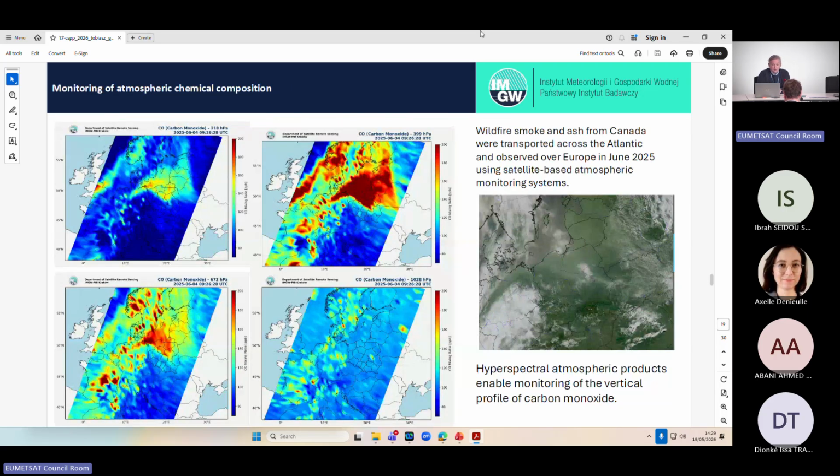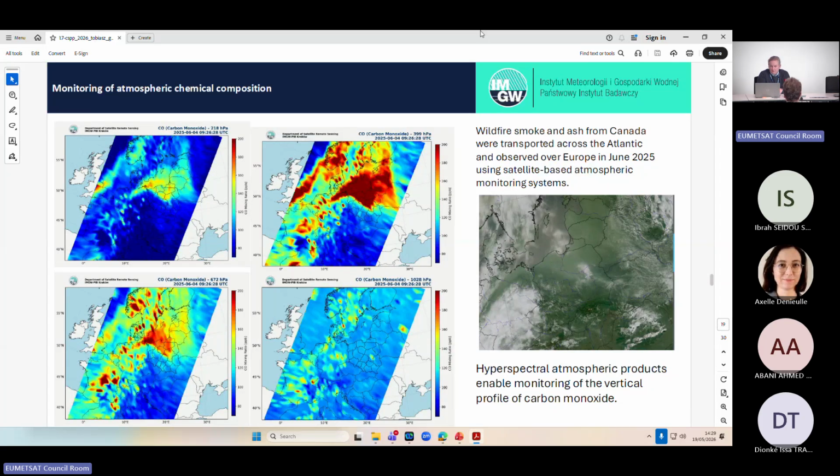Okay, we can also use this HIP software to monitor atmospheric chemical composition, and this is an example of an event which occurred in 2025 over Poland.